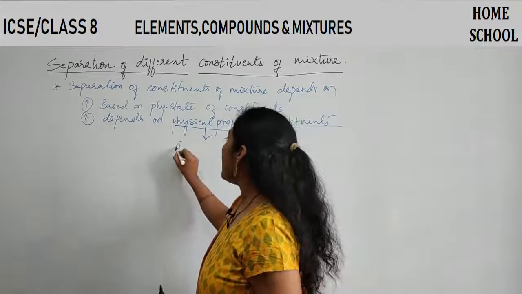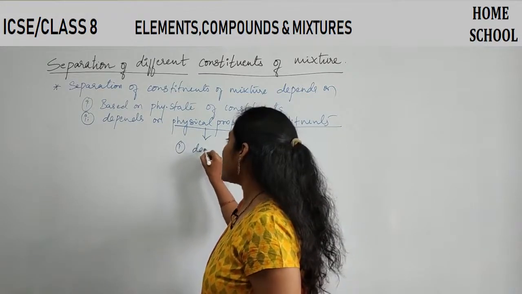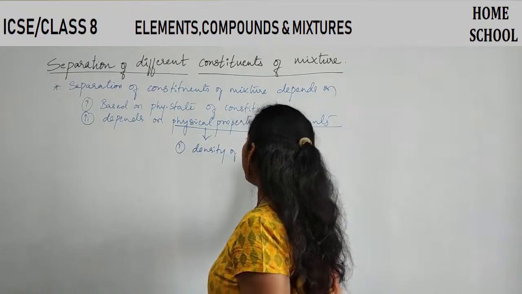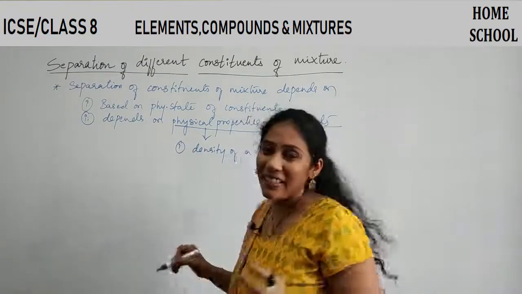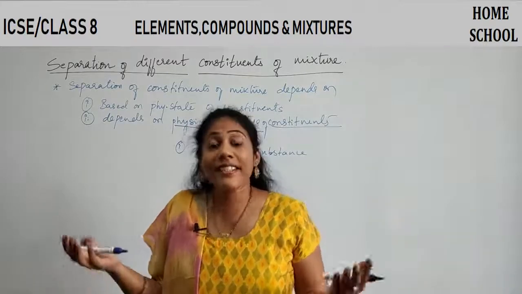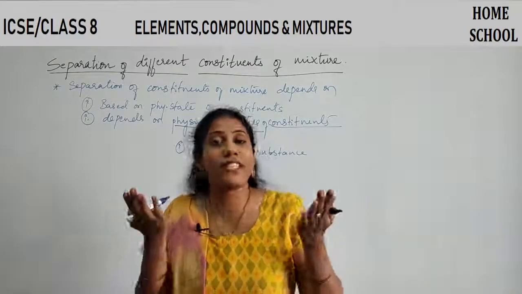The physical property can be density of a substance. What do you mean by density? In simple words, density is nothing but heaviness. It is a measure of the heaviness of a substance.